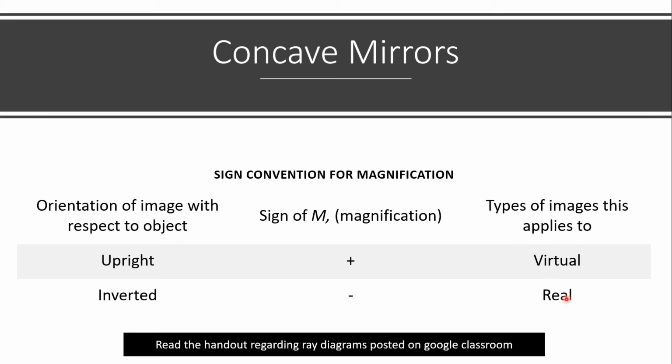Any questions? Would magnification have any units on it? No. Again, remember, magnification was what? Magnification was the ratio of either the image distance to the object distance, or the image height to the object height, right? Since they are both measured in meters, they're going to cancel out, so it's not going to have a unit.